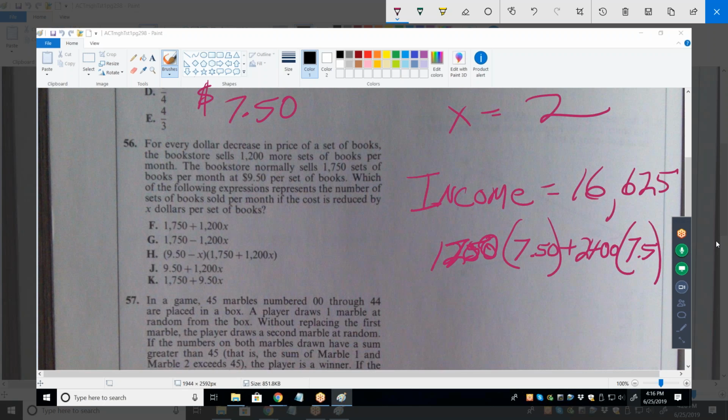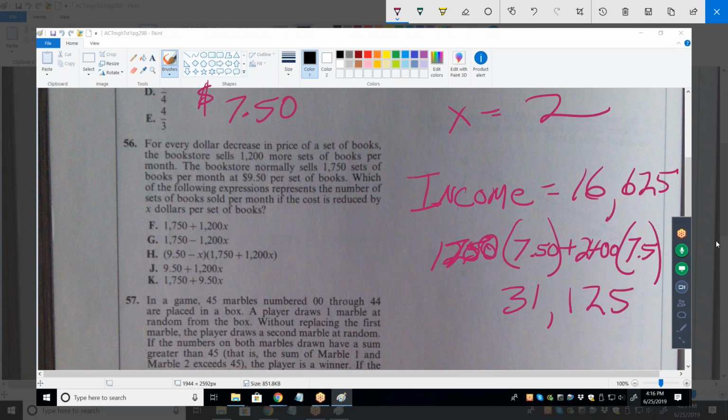Let's see. What do we get? I get 31,125, assuming we haven't made a math error.